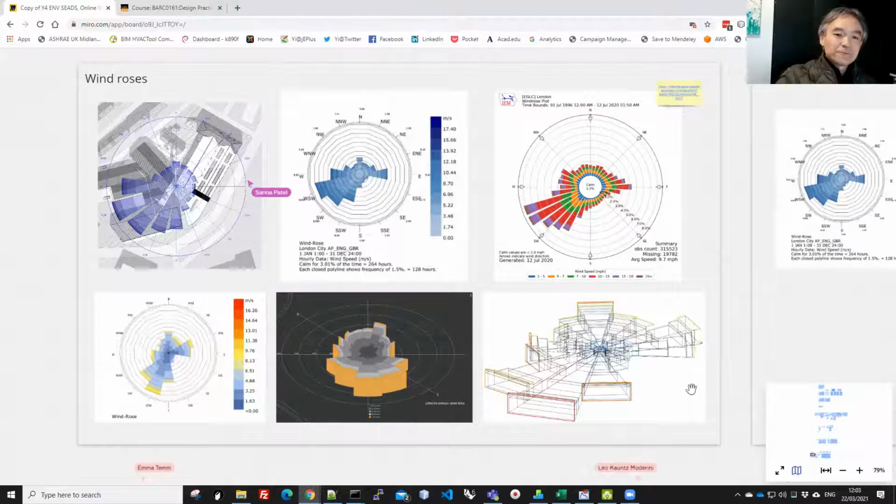Right. Now we also saw some 3D diagrams of the windrose. This one has the problem of the 3D diagram because the view is skewed. You don't actually get the same sense of distribution as in a plan view. Especially this one has rotated the axis a bit, making it even harder to read.